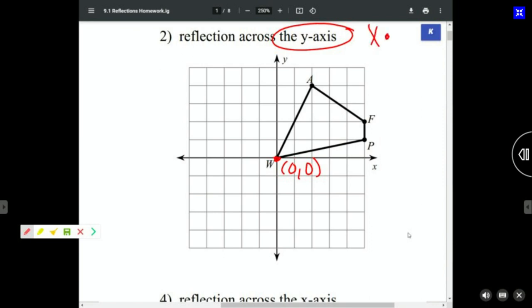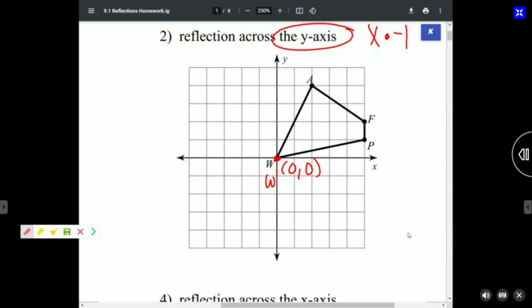There you go. But what happens now if I'm dealing with this 0, 0, what happens when I multiply 0 times negative 1? Still 0, right? So my W prime is going to be the same point.